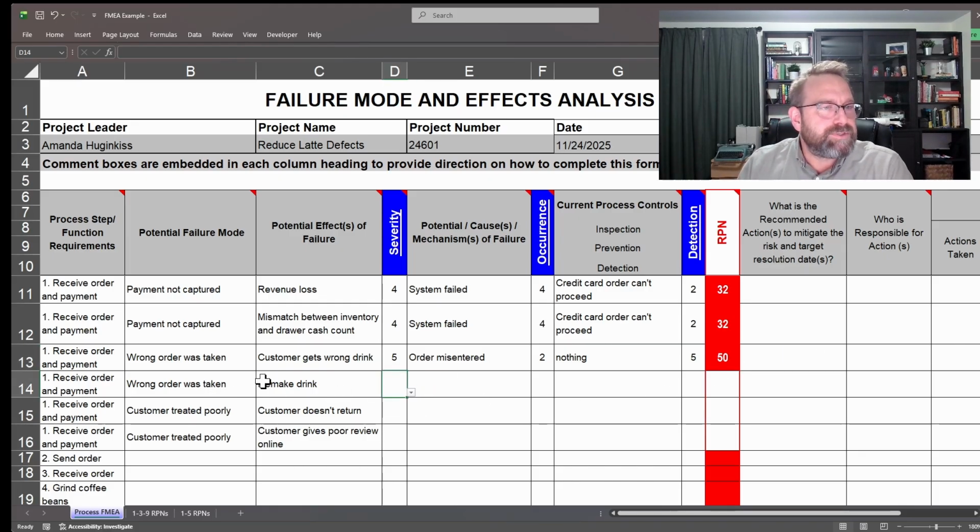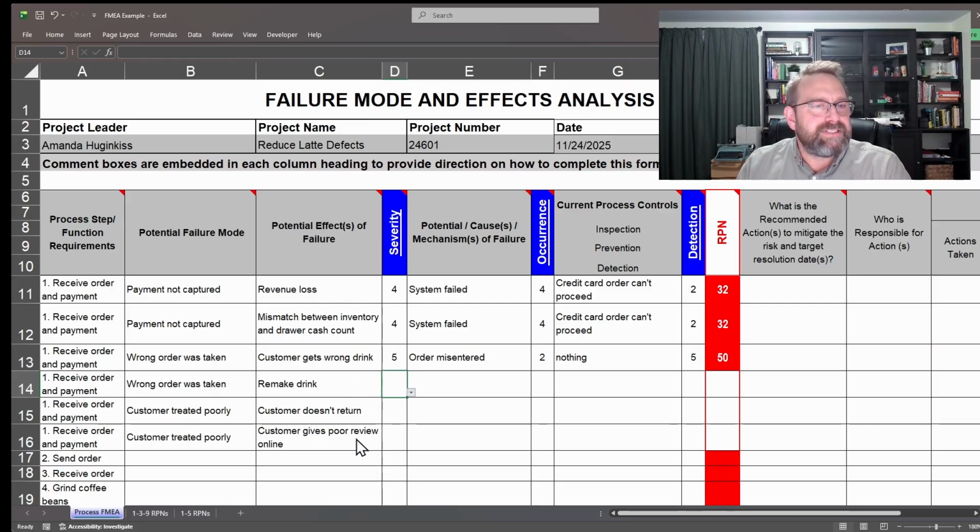All right, so back to the failure mode, wrong order was taken. Okay, so the other effect, right? We're going to have to remake the drink. The severity of this, probably not high. It's inconvenient to the customer. We've already covered the customer's effect, so this is a good example where I said there was a revenue loss up here.